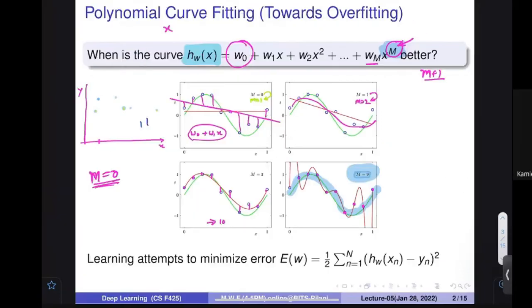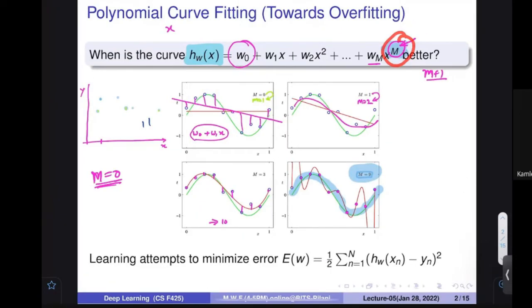Because you know that the more powerful model is better. If I want to be cautious, I would say that if it is not getting better, it is not getting worse. At least, if m is equal to 10 and I increase m to 11, then 11 would not be worse than 10.